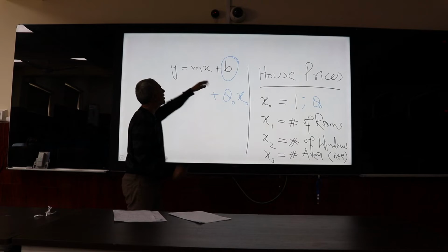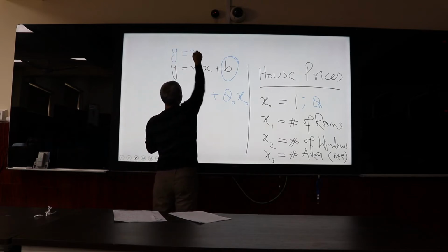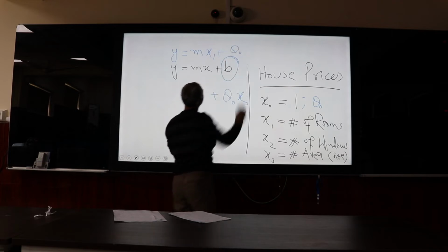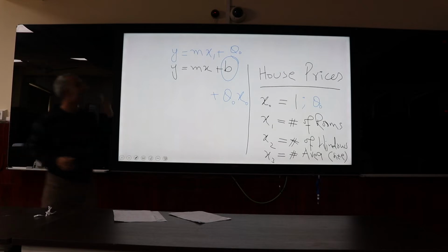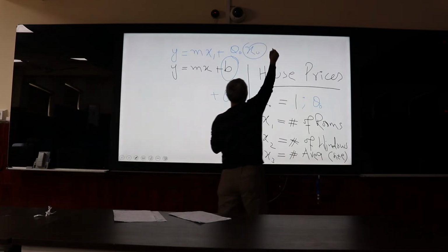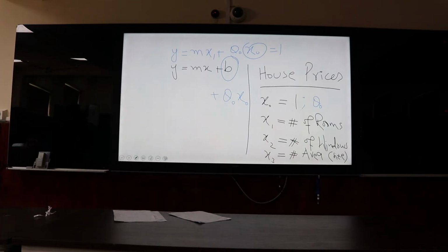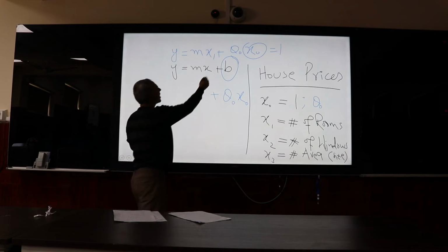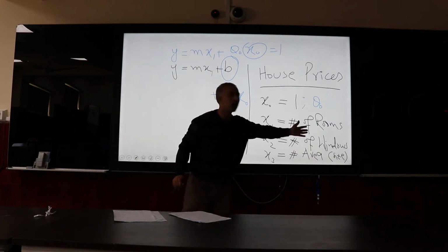This equation of line is usually expressed in this way: y equals m x1 plus theta naught. Basically, this is the same replica of the equation of line. Here, technically, one thing is missing. This is the x naught. Basically, it is equivalent to 1. Usually we do ignore this. So this is the equation of line, and this is talking about the first feature. This is the number of rooms.